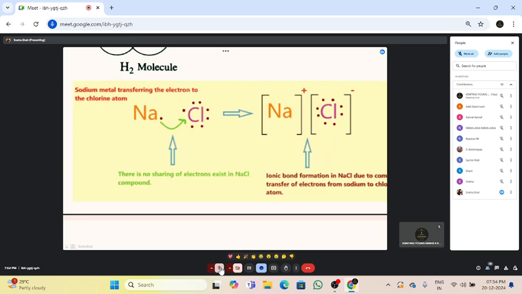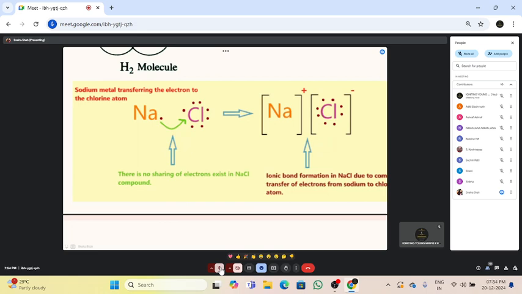If there are 11 electrons in sodium, there are 11 protons in sodium. Only when electrons and protons are equal is the charge neutral. But now one electron is leaving the atom.